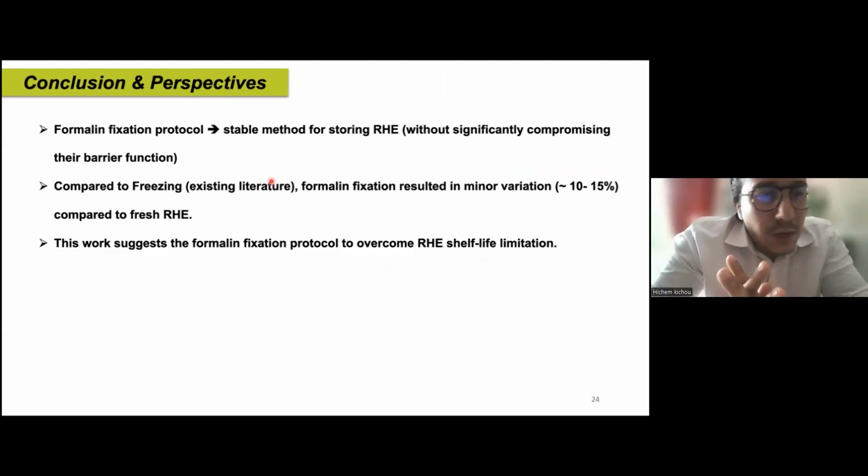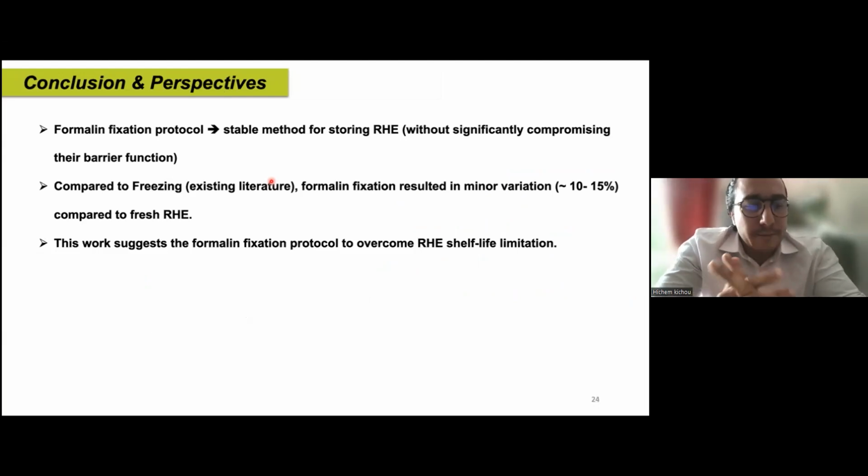So, to sum up our work, this study has demonstrated that the formalin fixation protocol offers a stable method for storing reconstructed human skin models without significantly compromising their barrier function, while molecular changes in various skin layers were observed by confocal Raman spectroscopy following the 24 hours fixation protocol. It is noteworthy that the permeation of caffeine remained consistent over a 3-week storage period.